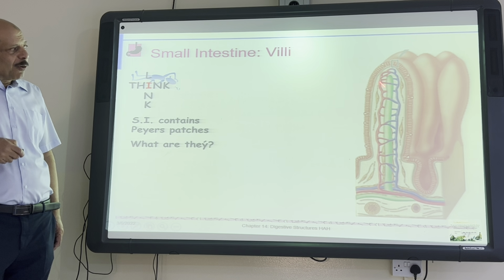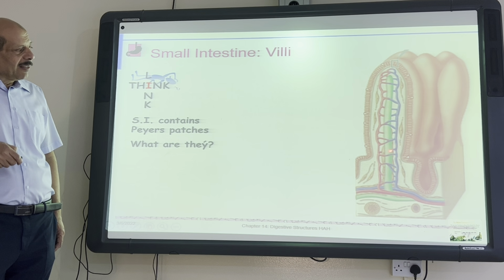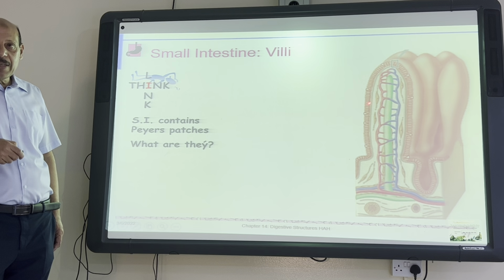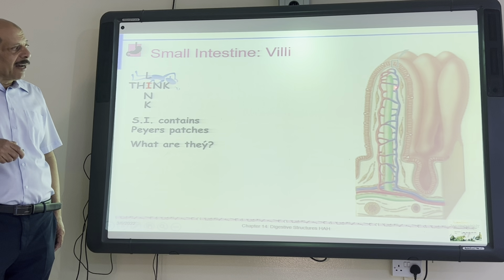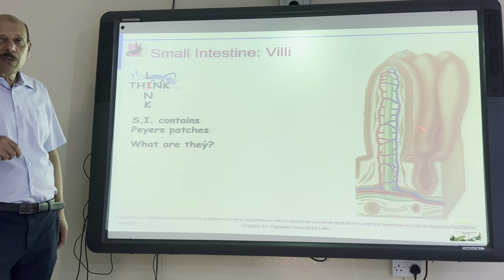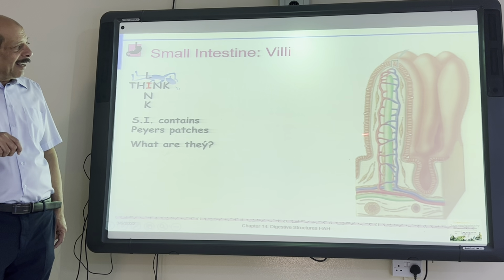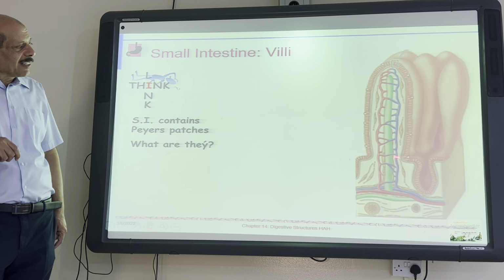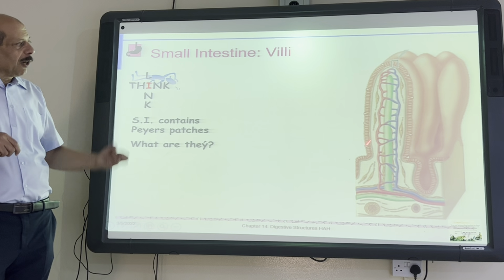Inside those villi, see, there are also blood vessels coming. These are the capillaries; this is the arterial part, which gives oxygen and nutrients to the cells here, and this is the venous part that will lead to absorption.